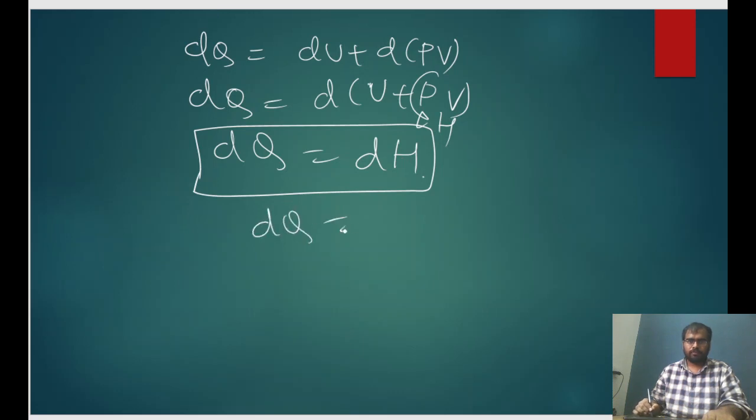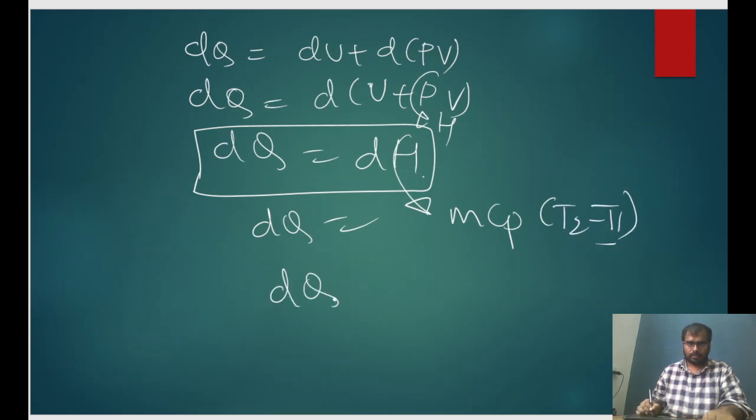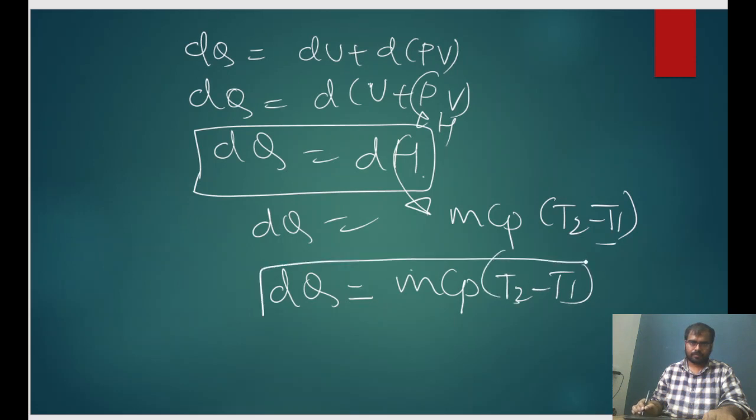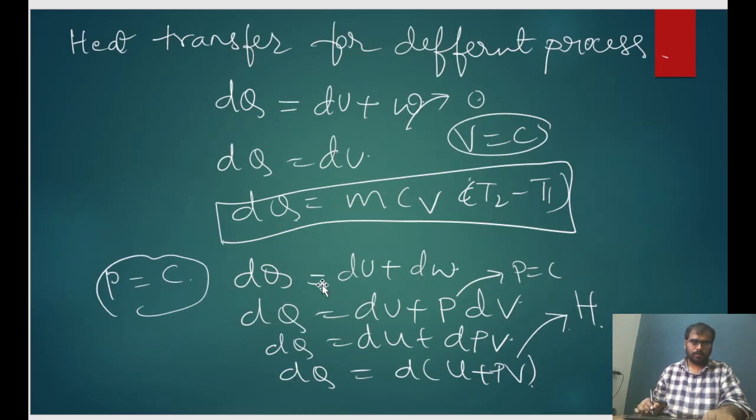The formula for change in enthalpy is m cp (T2 minus T1). Listen here, so the constant pressure heat transfer formula is m cp (T2 minus T1). You have to remember this formula. Here also you have to remember this formula.